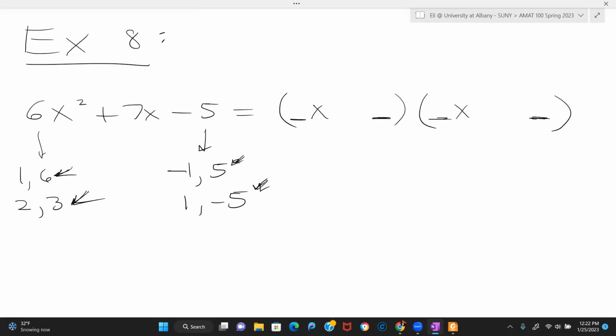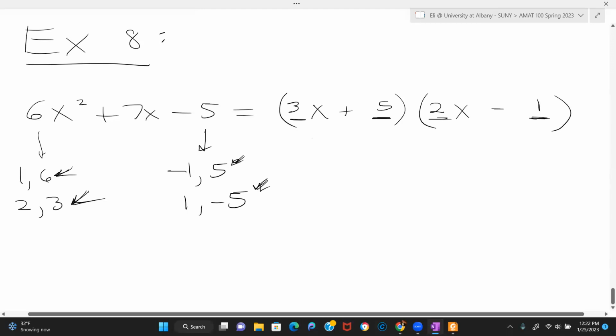So in order to save some time, I'm just going to show you the factorization that you need instead of going through all the possibilities. So it turns out that the right combination is 3 and 2, and then +5 and then -1.